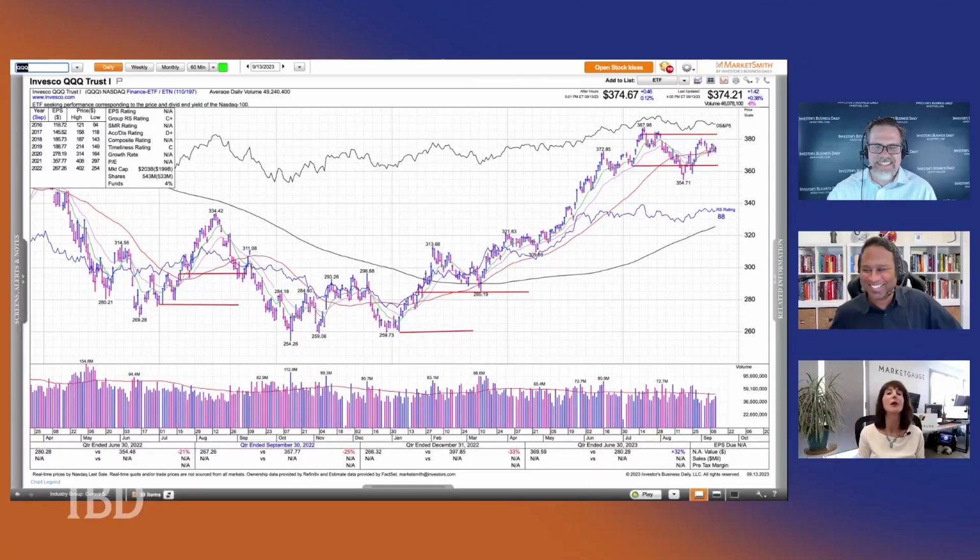Right, the nanosecond one. So basically what you're pointing out is that old resistance now becomes support, and that you can retrace to the top of that seasonality breakout. That's a great retracement and a very low risk opportunity to get back in if you miss the boat or you want to add to a position.